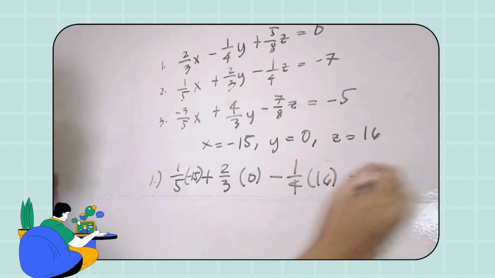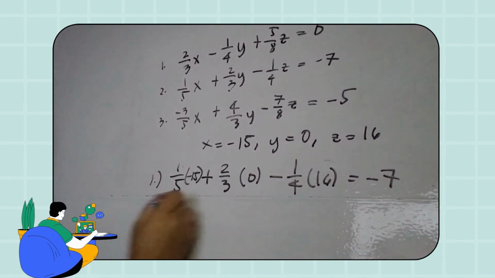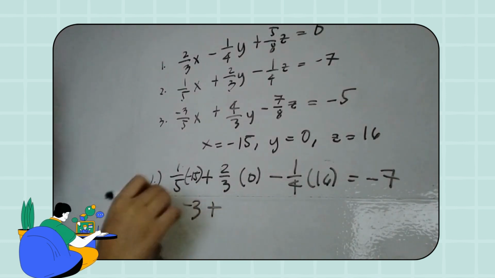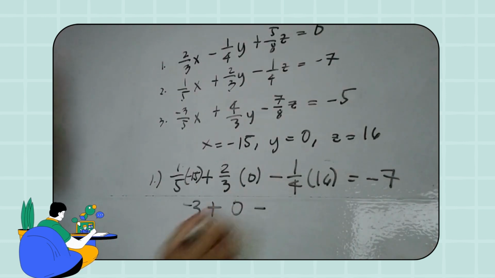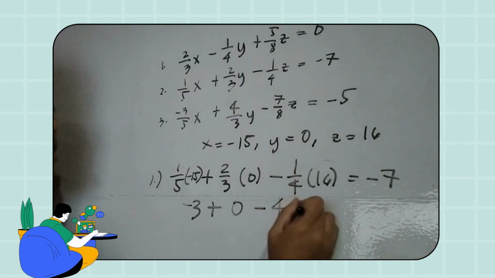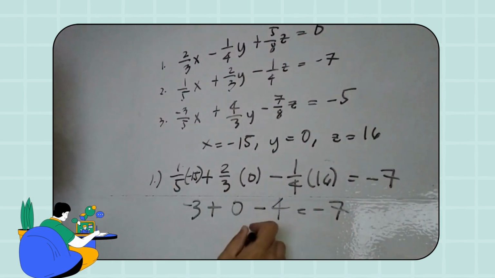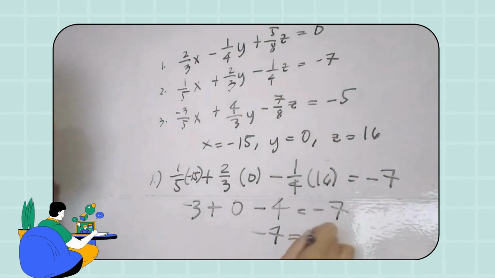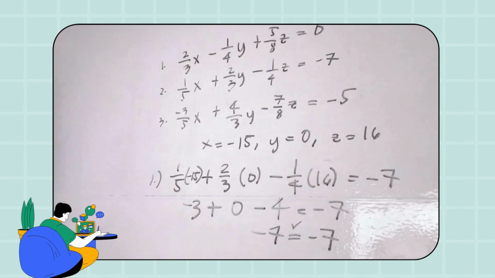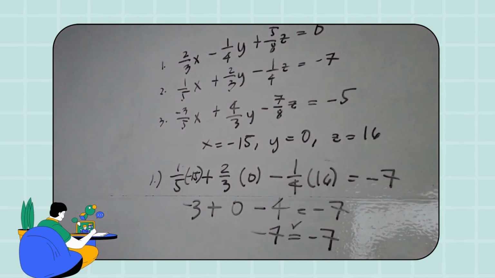Plus negative 7. 1/5 of negative 15 is negative 3. 2/3 of 0 is obviously 0. And 1/4 of 16 is negative 4. So negative 3 plus 0 is negative 3, minus 4 is negative 7. That means that our solutions are also verified for the second equation.